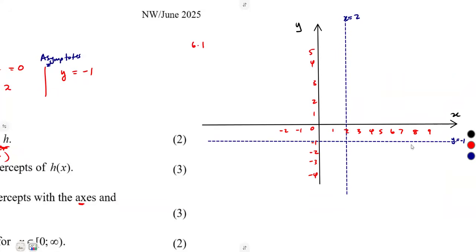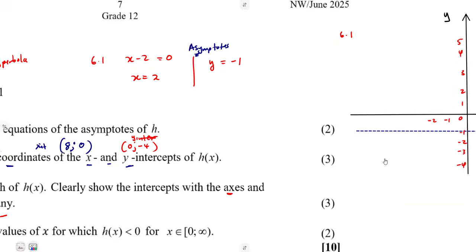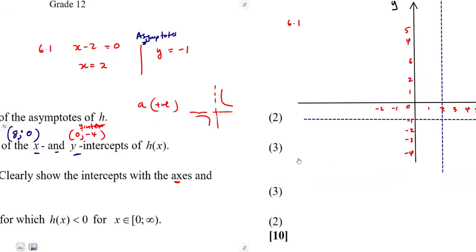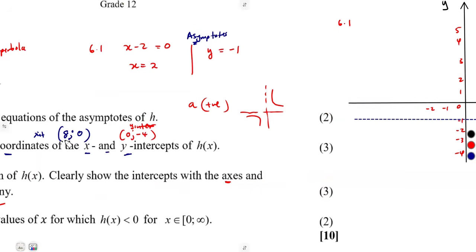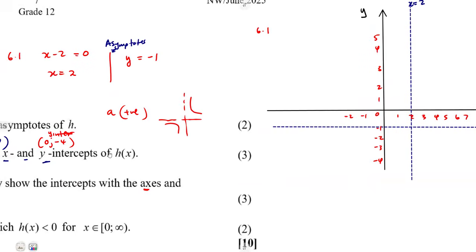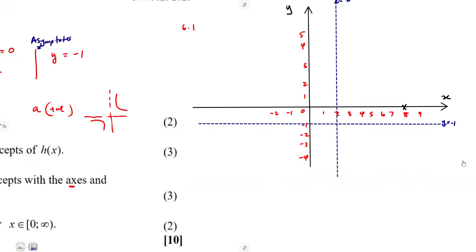From our A, we do understand that A is positive. So if our A is positive, it means from our asymptotes, the shape is going to be like this. For the shape, we can use these intercepts. X-intercept at +8, so indicate that at +8. Then the y-intercept, that's -4, remember it was -4.